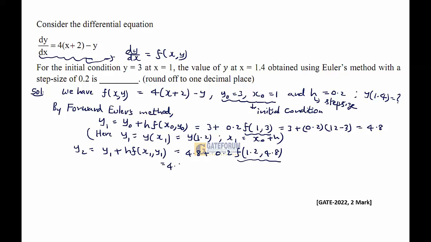So 4.8 plus 0.2 into 4 times x plus 2, 1.2 plus 2, 3.2, minus 4.8. Please check.